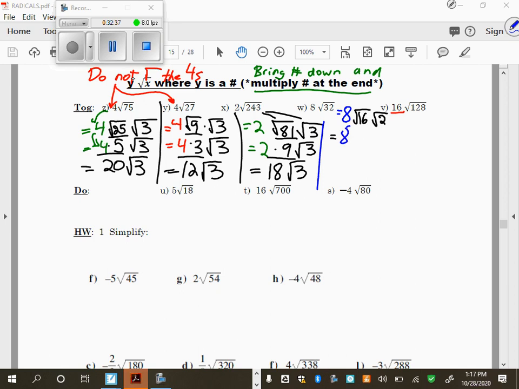You have to know what to do with weird. You just bring down the blue 8. Don't even worry about the blue 8 yet. It's the square root of 16 you have to turn into 4. Once you do that, weirdness goes away and it just becomes a normal multiply numbers and keep a radical at the end. So 32 radical 2.